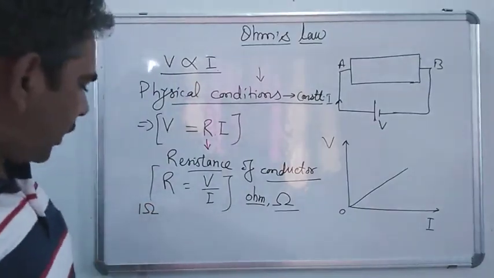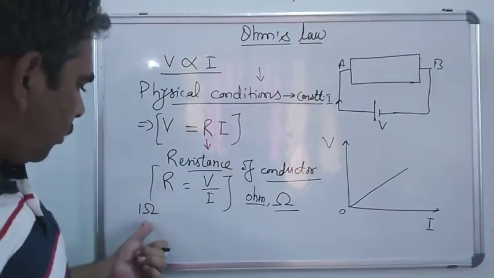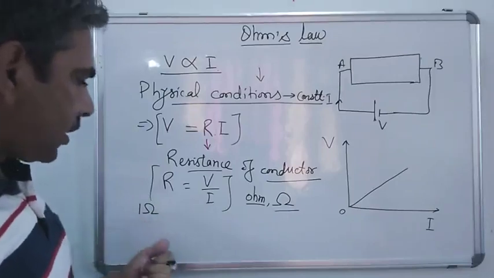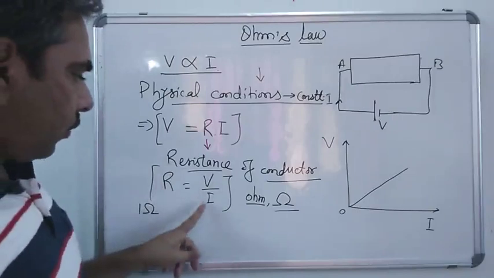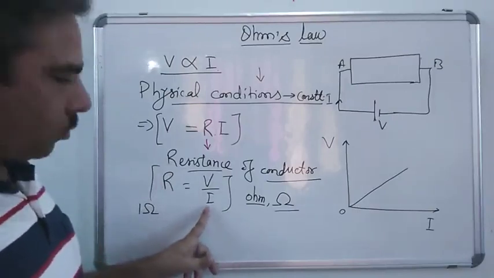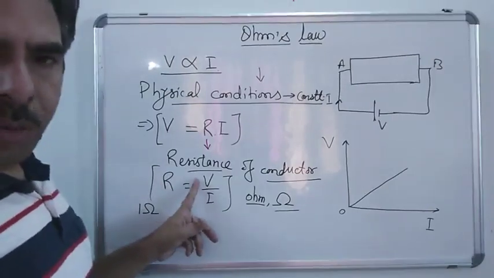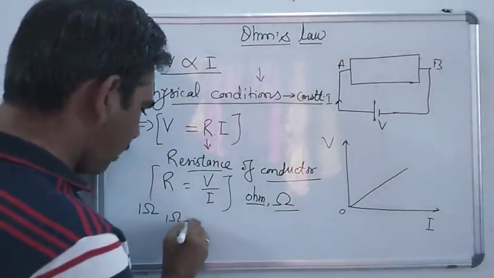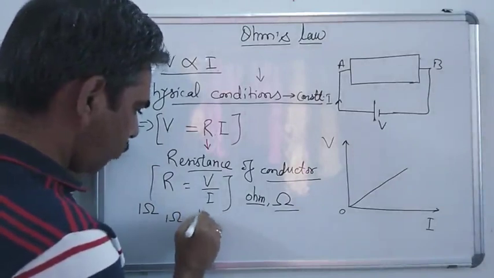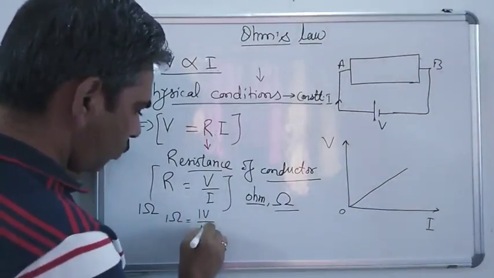So from here, 1 ohm is the resistance of the conductor through which 1 ampere current flows whenever 1 volt potential difference is applied. So 1 ohm will come when potential is 1 volt and current is also 1 ampere.